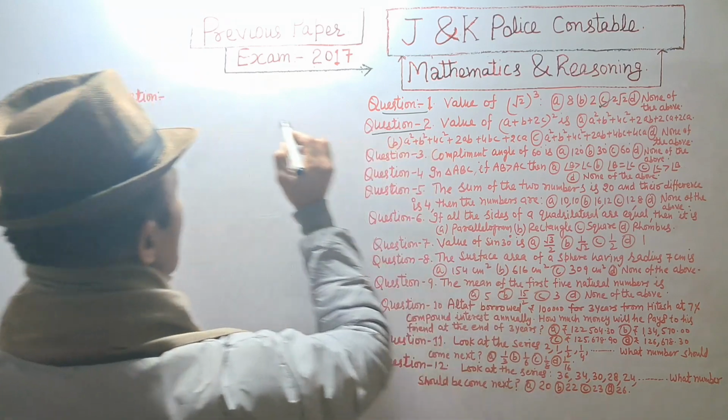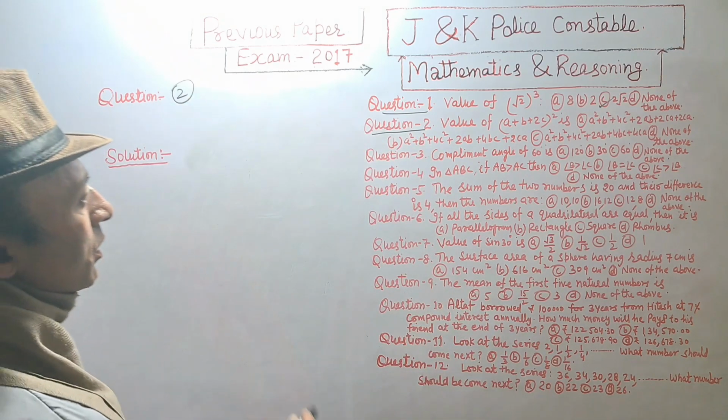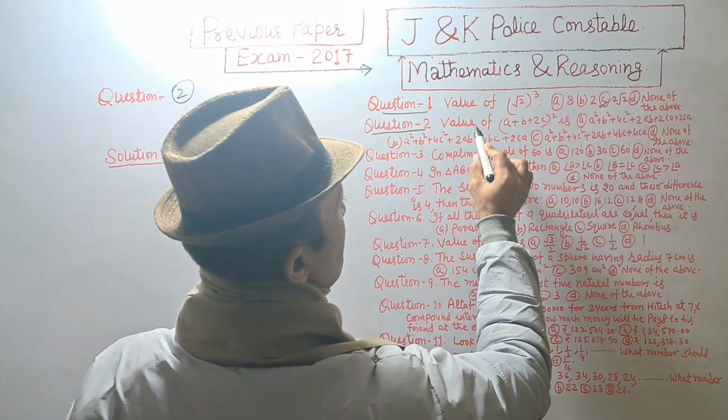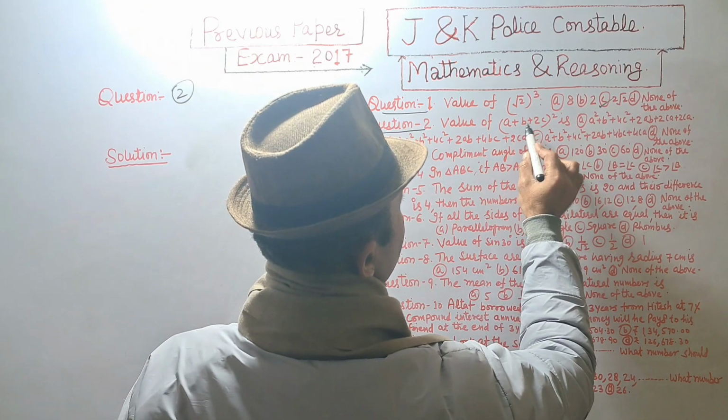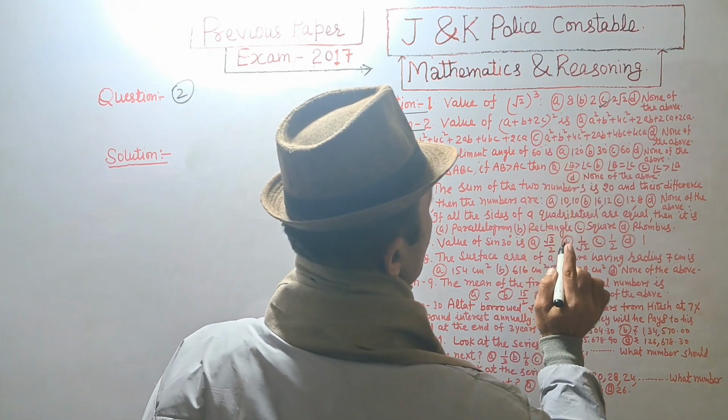Question number 2. Value of a plus b plus 2c raised to power 2 is.